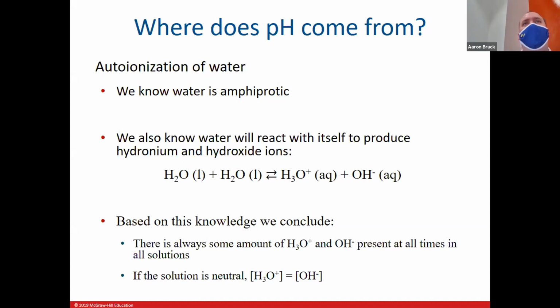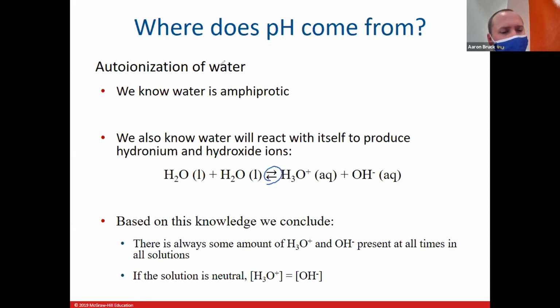If two water molecules react with each other, one acting as an acid and the other as a base, then we end up getting a splitting of water into the hydronium ion and the hydroxide ion. Notice that in this reaction we are dealing with the double-headed arrow, which indicates that this is a reversible reaction.